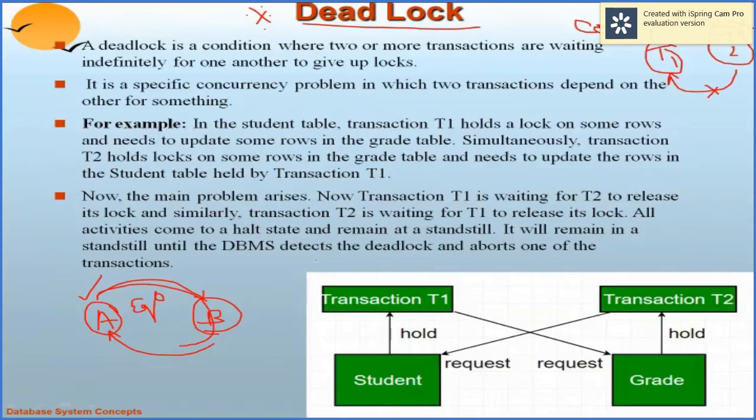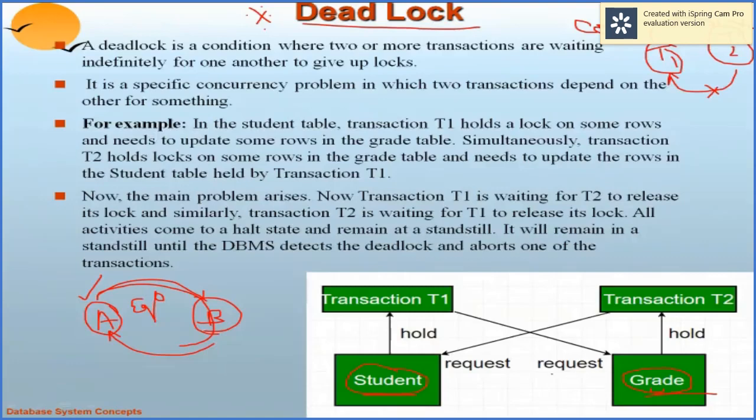So I have an example here. There's a student record and a grade sheet record, and this transaction is holding the student data, locking the student data to make either a read or write operation over it. On the other hand, it is also sending a request for the next data item, the grade sheet, to complete its transaction.